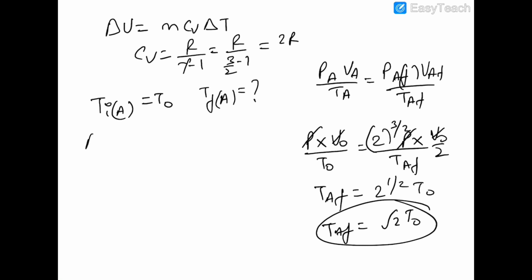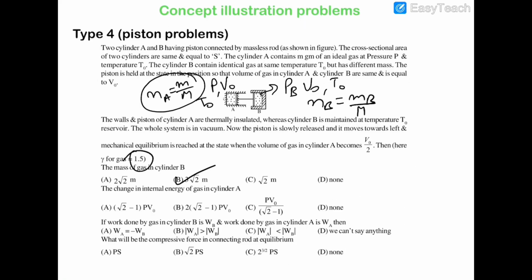So delta U will be positive, and n is the number of moles. Cv is 2R, and delta T is root 2 minus 1 into T naught. Now we have to find the value in terms of P naught V naught.